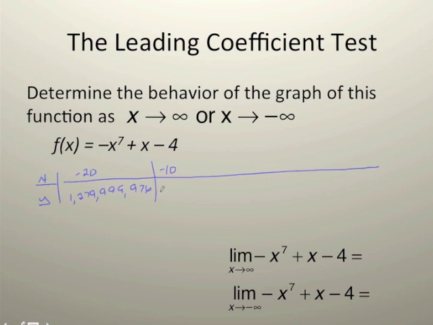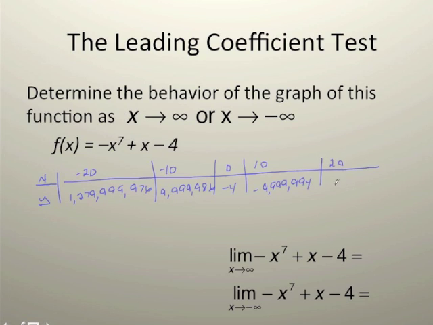Negative 10 is 9,999,986. 0 is negative 4. 10 is negative 9,999,994.